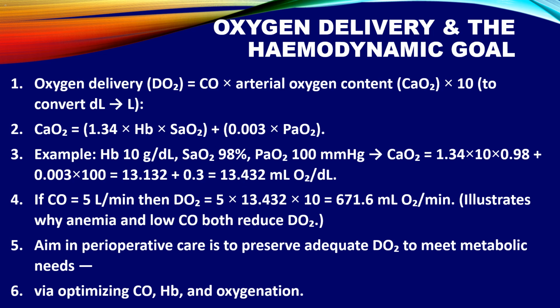Importance of optimization. Optimizing CO, Hb, and oxygenation is crucial to ensure adequate oxygen delivery and prevent tissue hypoxia. Clinical implications. Understanding oxygen delivery and its determinants can guide clinical decision-making and help optimize patient care.